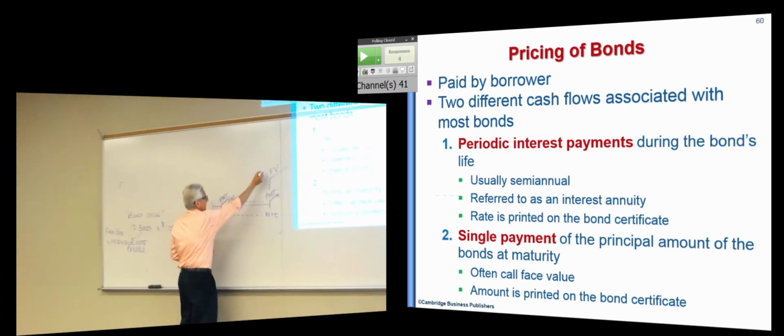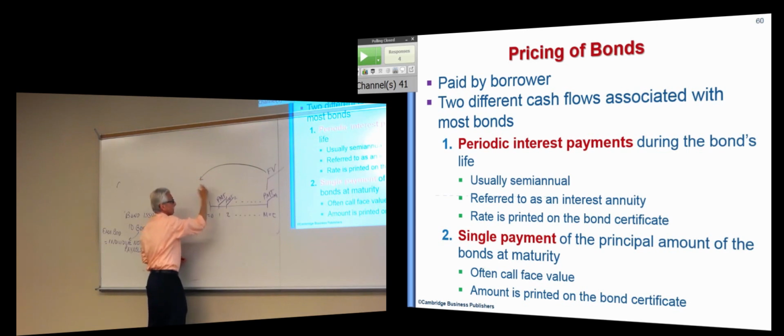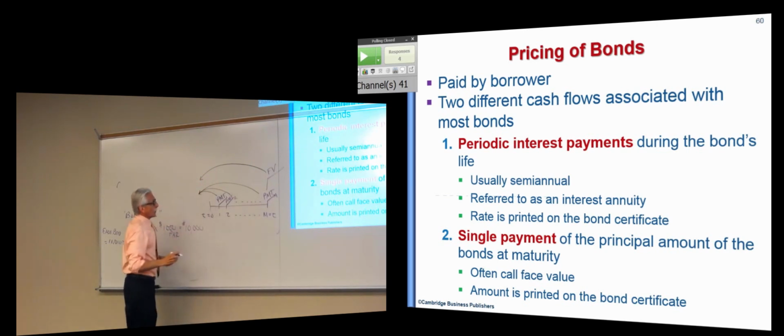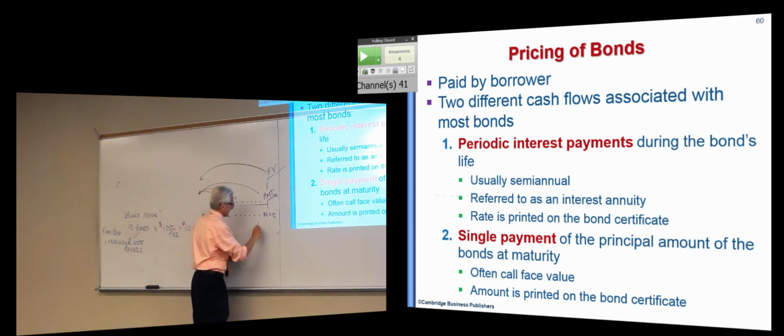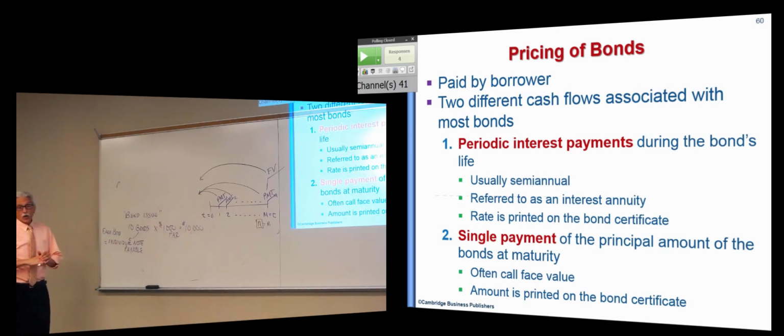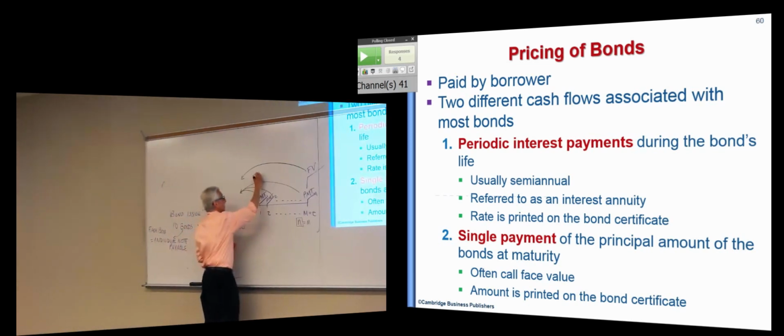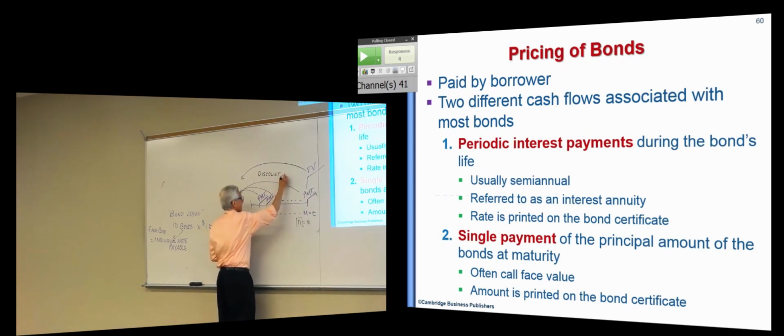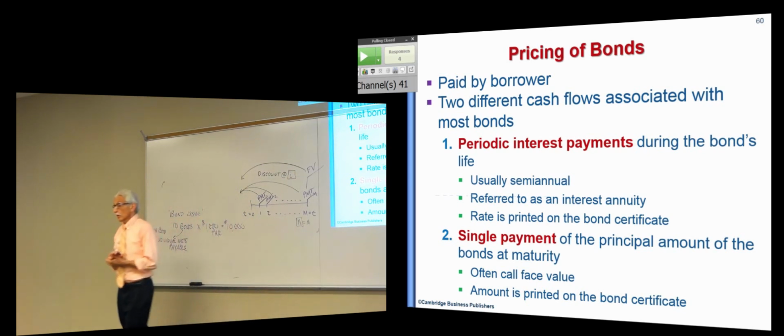So when you price the bond, we have to know how many periods, we have to know the payment and the future value. And we're going to discount this at the market rate of interest.